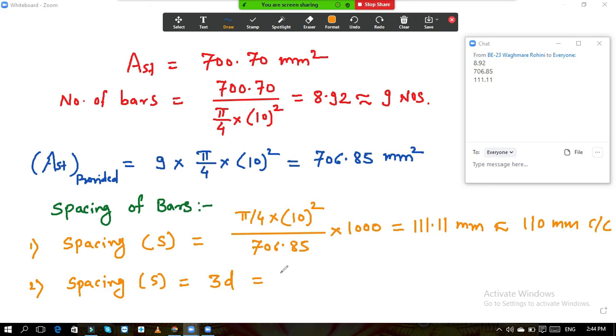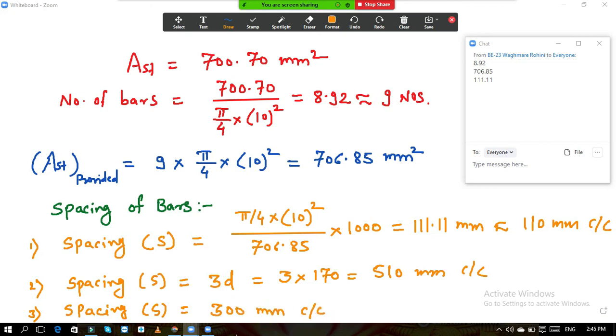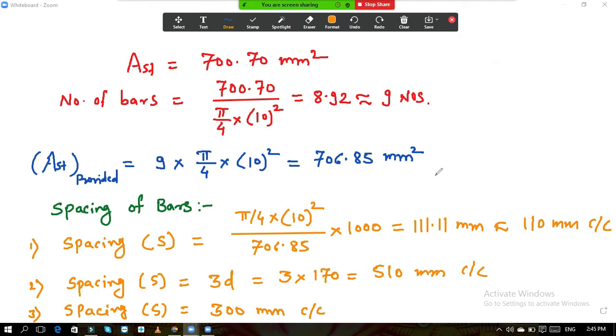What was our effective depth? 3 into 170, so it is 510 mm center to center. And in the third case, in no case spacing S is equal to 300 mm center to center. So we are going to choose the minimum value from all these.